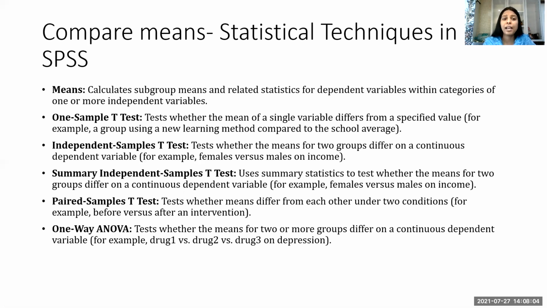For example, you have gender itself: male, female, and others. If you have male, female, and others in your questionnaire, it becomes three groups. Since it becomes three groups, you cannot use the independent sample t-test. Then you will use the one-way ANOVA. So these are the various statistical techniques for compare means in the SPSS software.